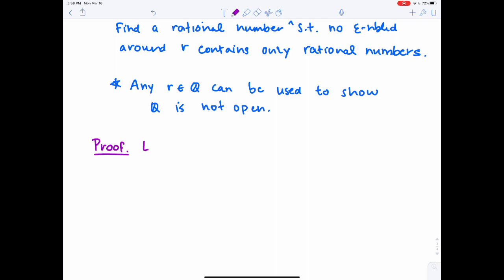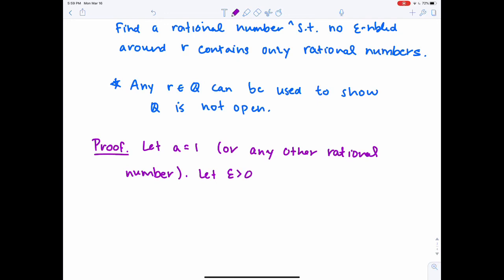We can let a be 1, or any other rational number. But remember, we just need one counterexample to show we're not open. And then we let epsilon be greater than 0. Since I is dense in R, there has to exist an i in the irrationals such that 1 is less than i, which is less than 1 plus epsilon.